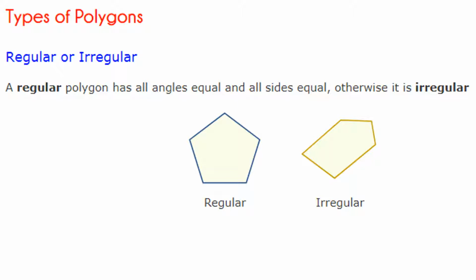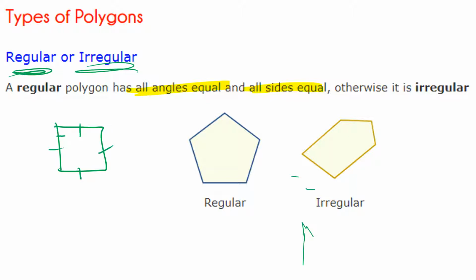All right, so we have 2 different types of polygons. Regular, which is a lot of what we'll be talking about, and irregular. Regular just means it has all equal sides and all equal angles. So for a 4-sided polygon or a quadrilateral, the only regular quadrilateral would be a square, because a square has all equal sides and all equal angles.